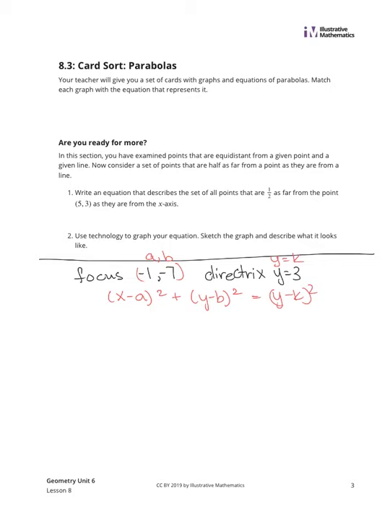So to write my equation, I would get x minus a -1 squared, that's x minus my a, plus y minus a -7 squared equals y, in this case, minus 3 squared. You'll notice last time it was a 0, so it kind of went away. This time it's not, so I have y minus 3 squared. A negative is a positive, so I'm going to take care of that first. It's really x plus 1 and y plus 7.